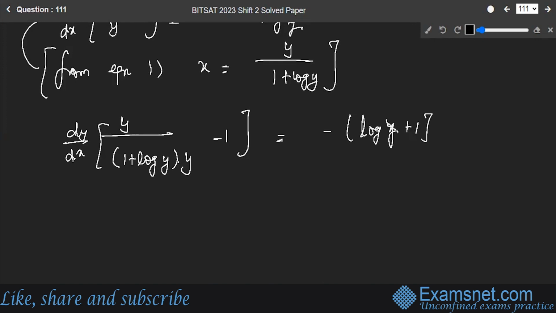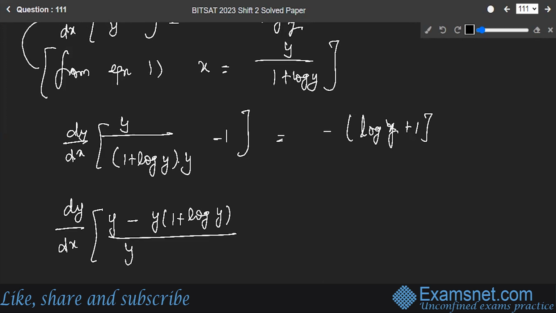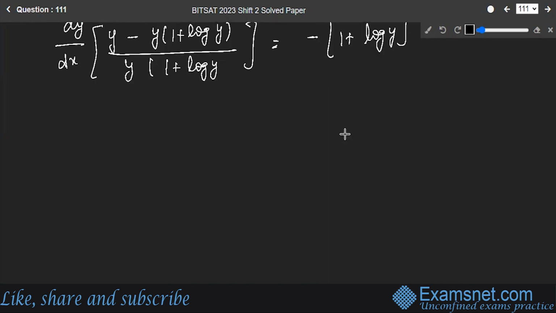Okay, now further, this is dy by dx, y minus y into 1 plus log y divided by y into 1 plus log y is equal to minus 1 plus log y, or y and y will cancel.